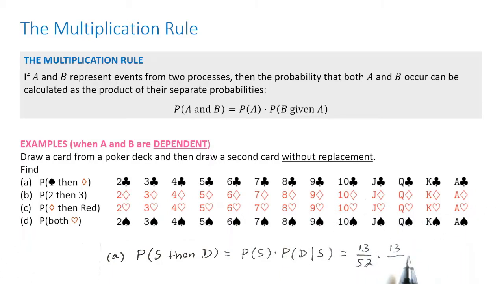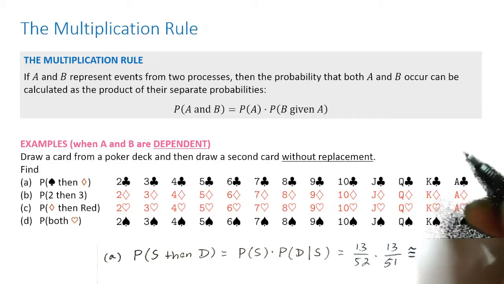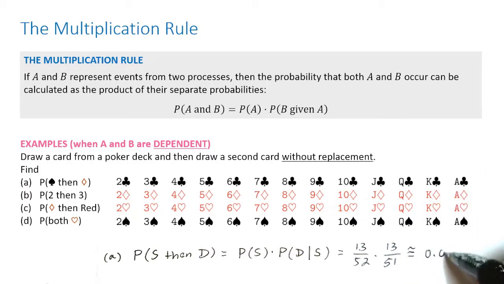Now, here's the kicker. There are no longer 52 cards in the deck, right? I drew a card, right? So now there's only 51 cards in the deck. So it's 13 out of 51. And if I compute this as a decimal, I get approximately 0.0637 as my answer.